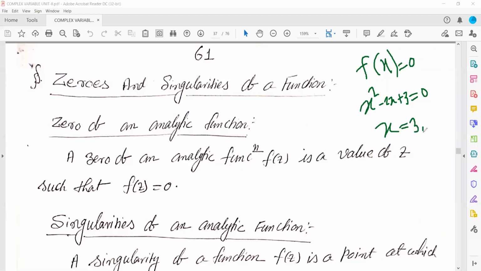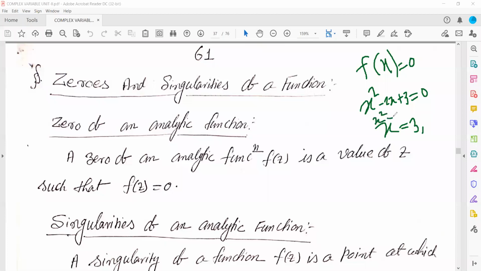The roots are x equal to 3 and x equal to minus 1.